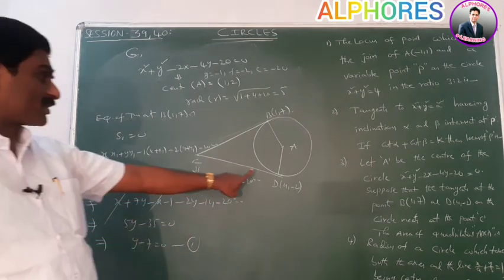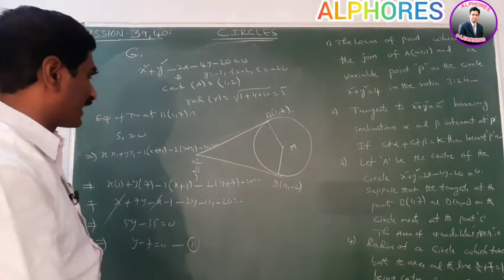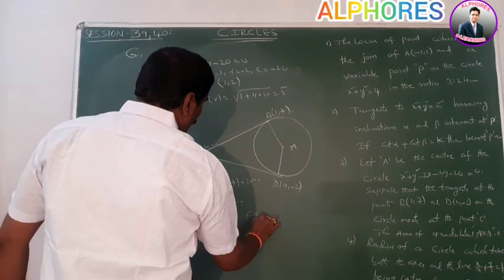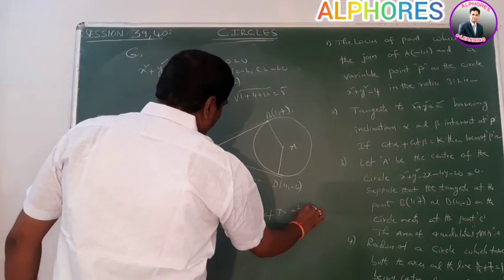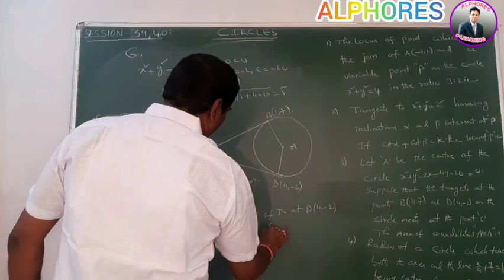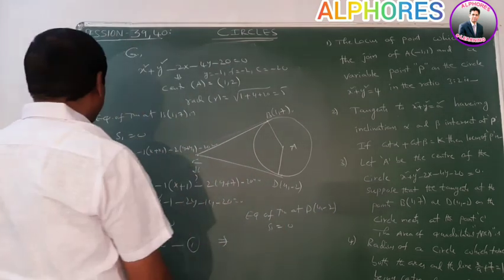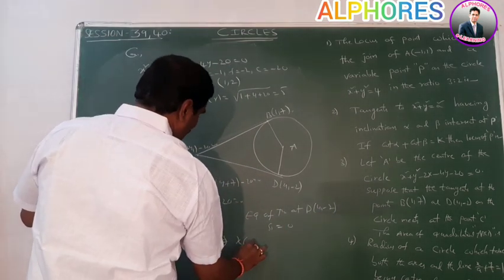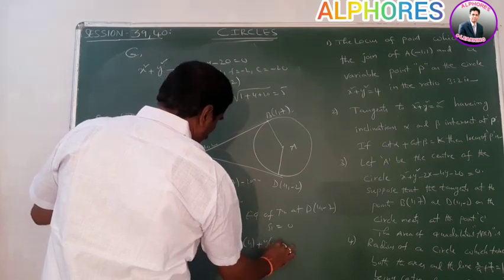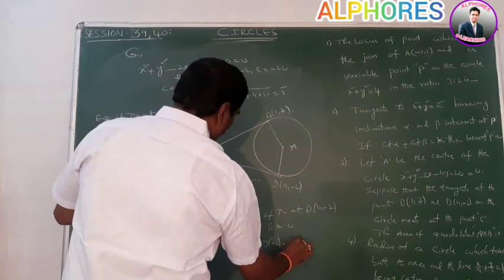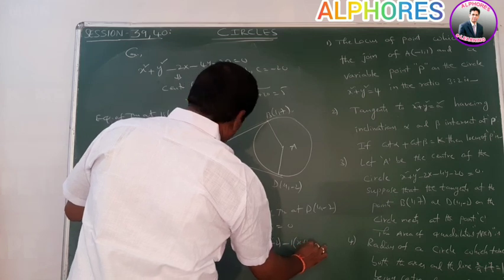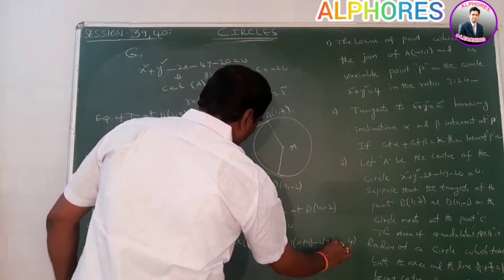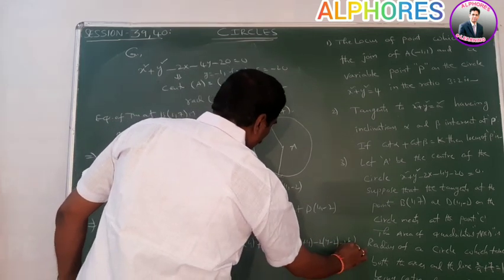Similarly, we find the equation of the tangent at D. Equation of tangent at D(4, minus 2) is again S1 is equal to 0. S1 means x x1, that is x into 4, plus y y1, that is y into minus 2, minus 1 into (x plus 4) minus 2 into (y minus 2) minus 20 is equal to 0.